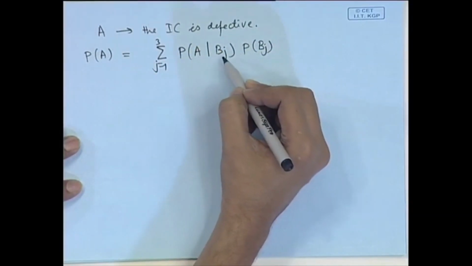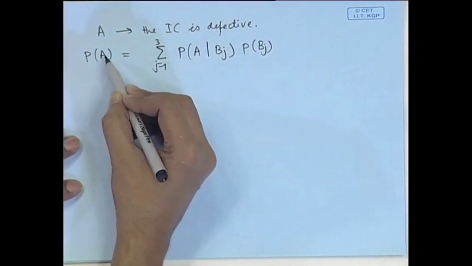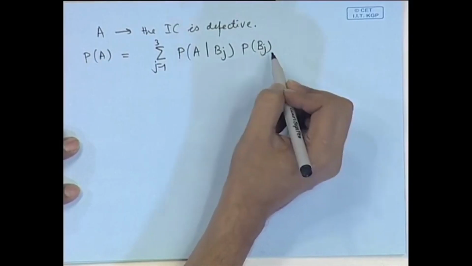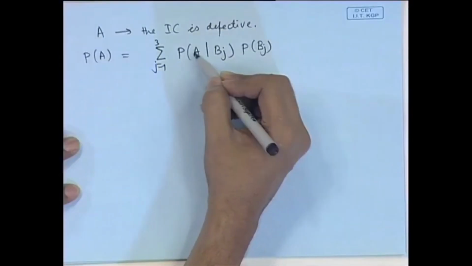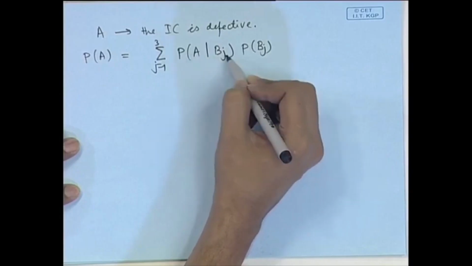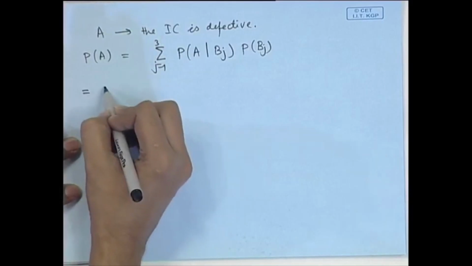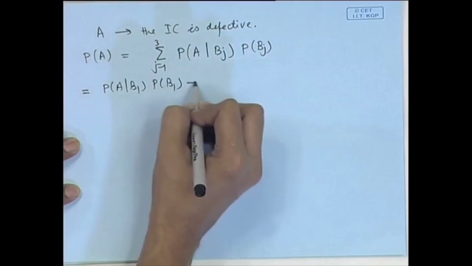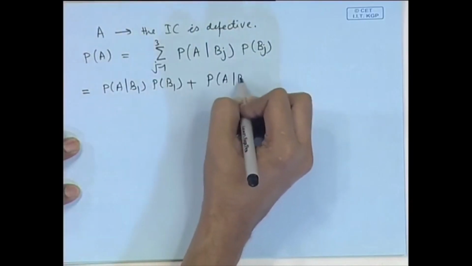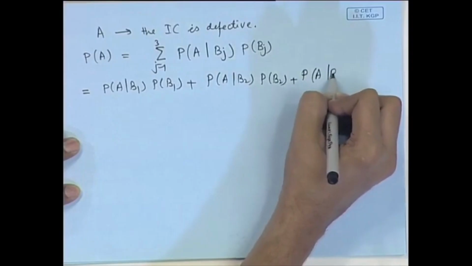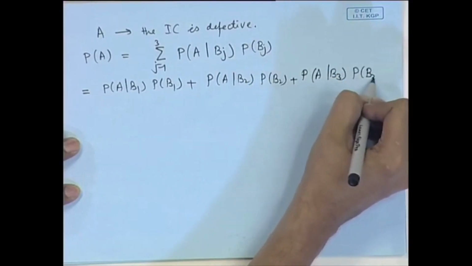That means, since the IC could have come from either first supplier, second supplier or from the third supplier, the probability of it being defective is dependent upon who supplied that. So, this becomes probability of A given B1 into probability of B1 plus probability of A given B2 into probability of B2 plus probability of A given B3 into probability of B3.